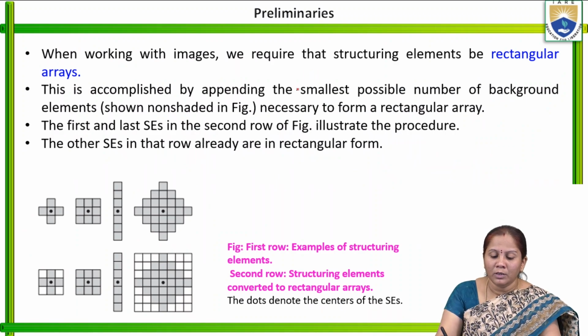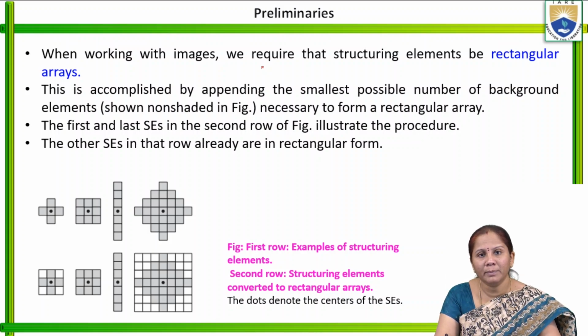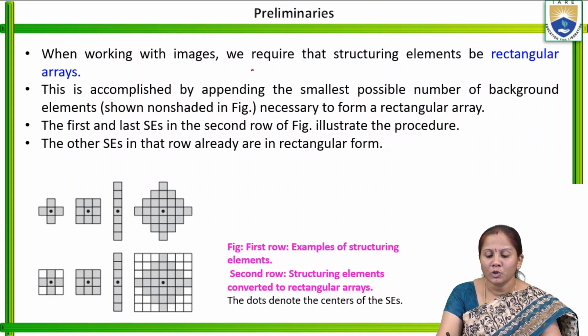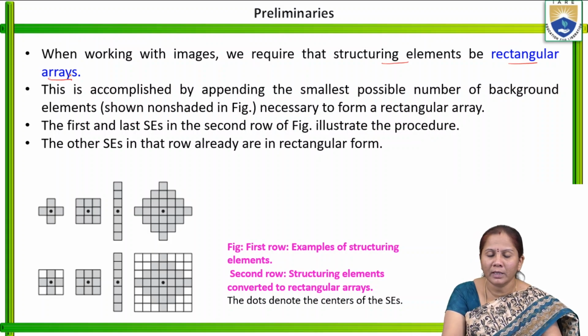Next. When we are working with images, these structuring elements are called sub-images. We can also call them masks. We are going to apply these on the images. When working with images, we require that the structuring elements should be in the form of rectangular arrays.